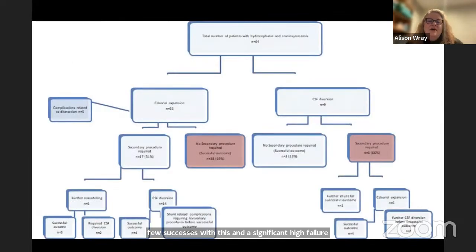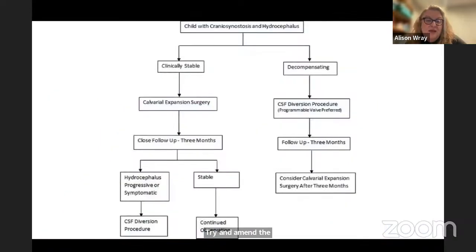And this is just a nice algorithm that tries to address how you think about hydrocephalus and craniosynostosis with children, really dividing down into whether you go into the cranial expansion or the CSF diversion, and looking to see whether you can try and manage the hydrocephalus with one procedure and avoiding a second procedure.